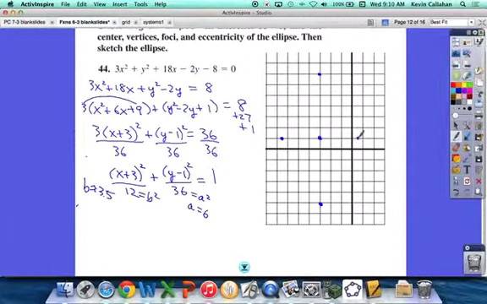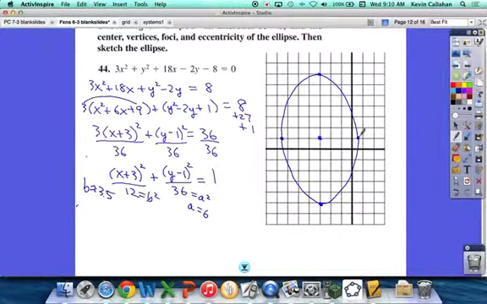Right? So we'll go something like that. And then the last thing we got to add to it is the foci, right? So the foci, we have to do our a squared equals b squared plus c squared. 36 equals 12 plus c squared.